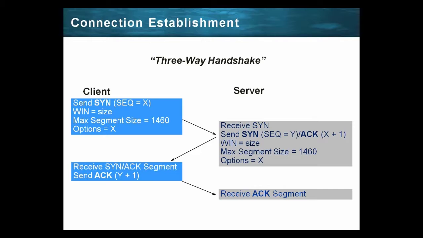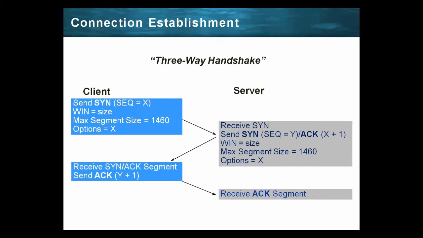But in this case, it is, so it's going to tell the client its initial sequence number, its receive window size, and again, all the different options that it can support and wants to support. And then the client will send an ACK with the server's sequence number plus 1, and there's our three-way handshake. We have all agreed to establish that session.